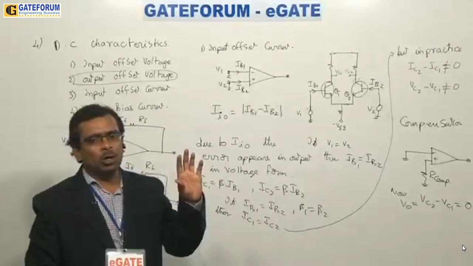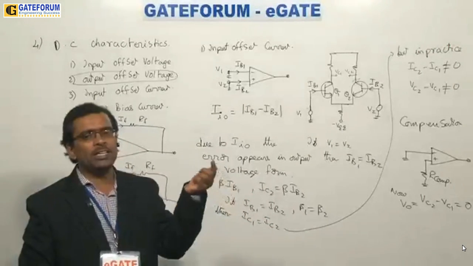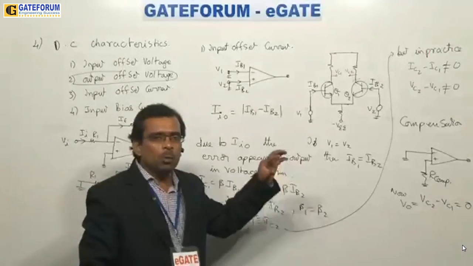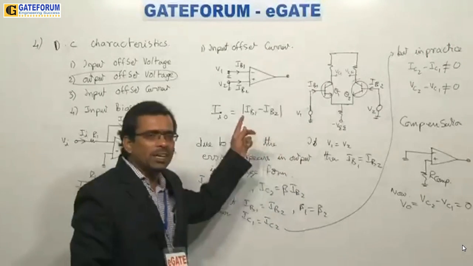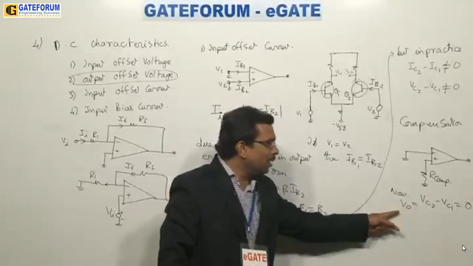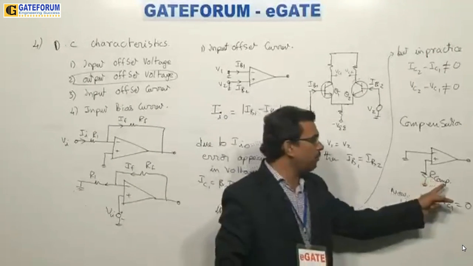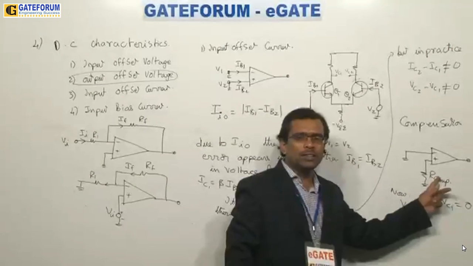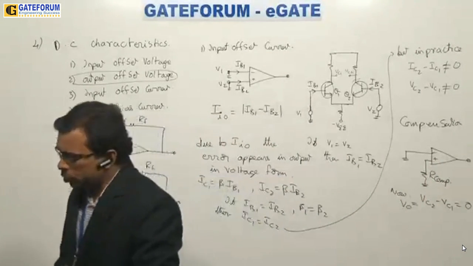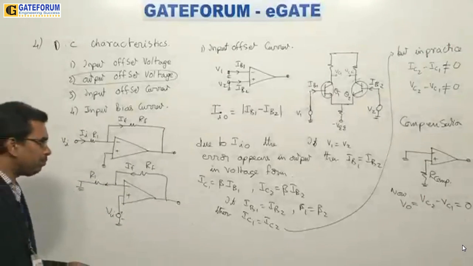To make the output voltage 0, if you connect one voltage at the input, it is called input offset voltage. And to make the output voltage 0 due to errors in input currents, we call this input offset current. And that reflection can be overcome by putting a resistor at this point, and you will be overcoming the drop. This is the point you need to understand.